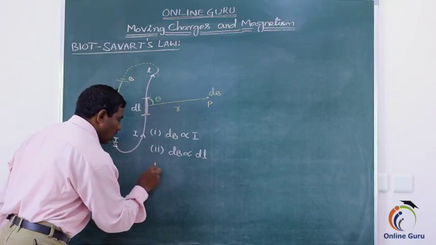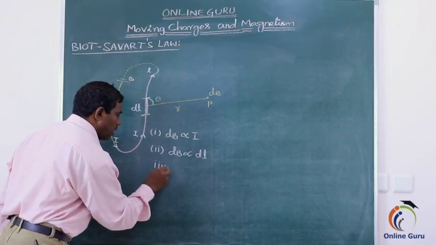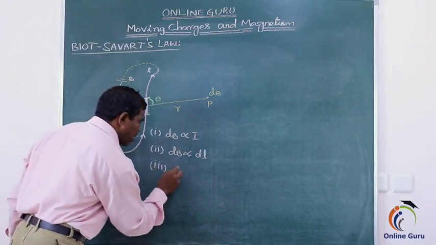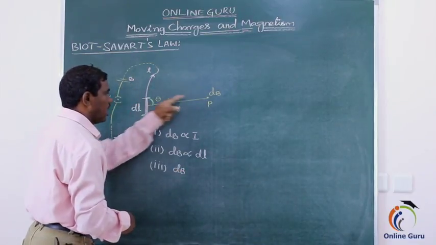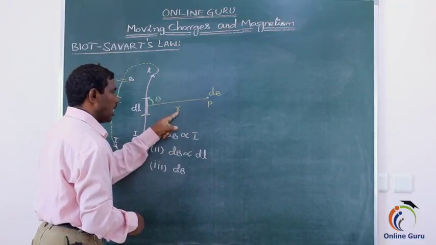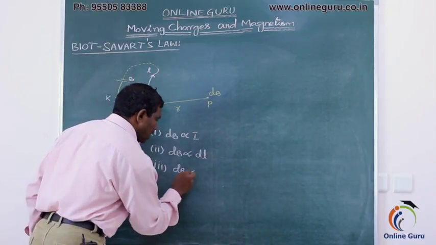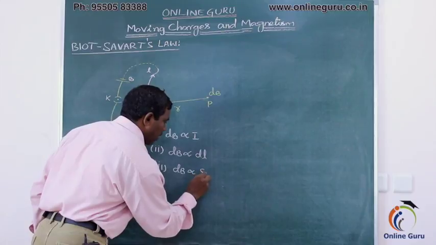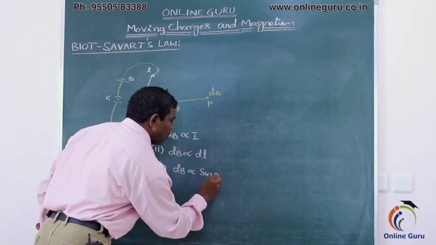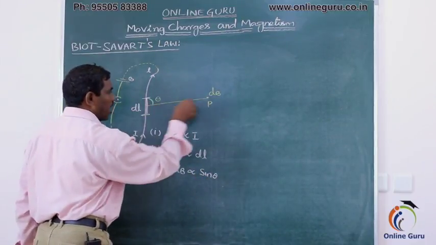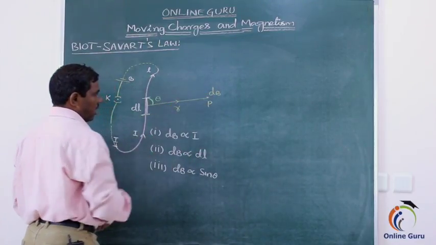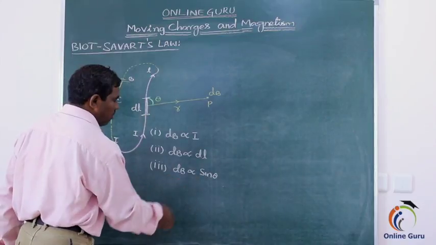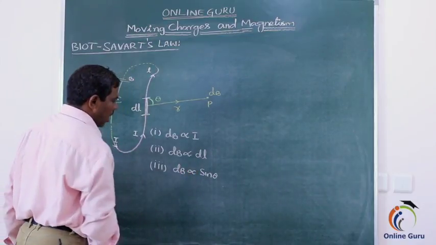Then the third observation is that the magnetic induction due to the current element dl at a point P, at a distance r, is directly proportional to the sine of the angle of the line joining the current element and the point, that is dB is proportional to sin theta.